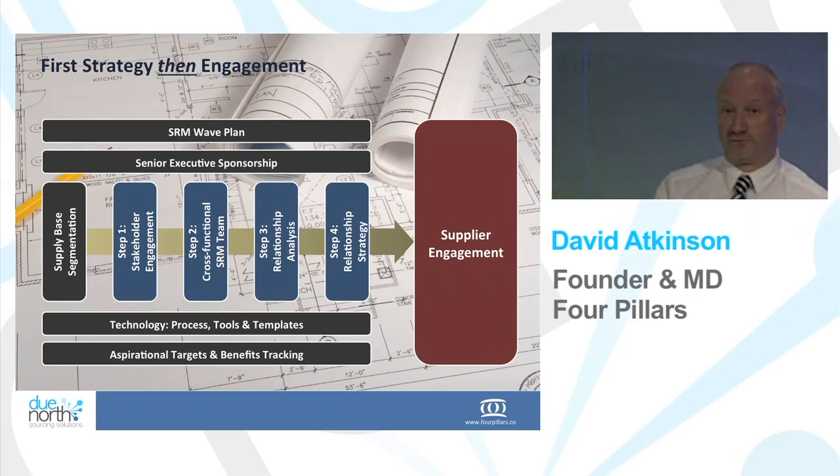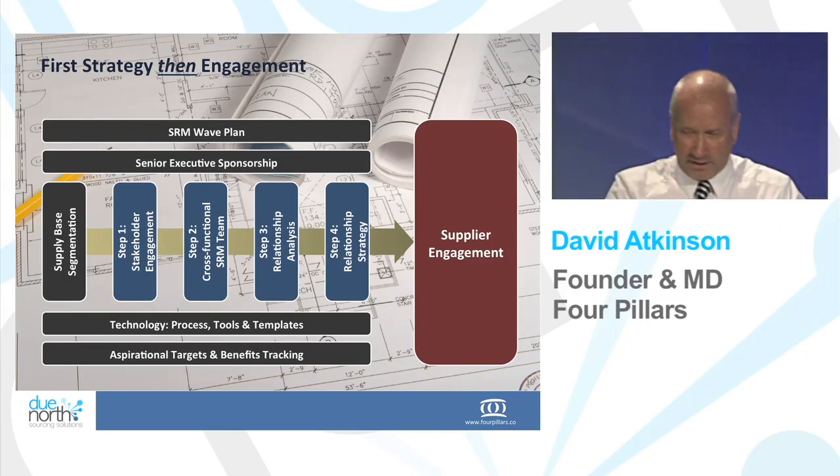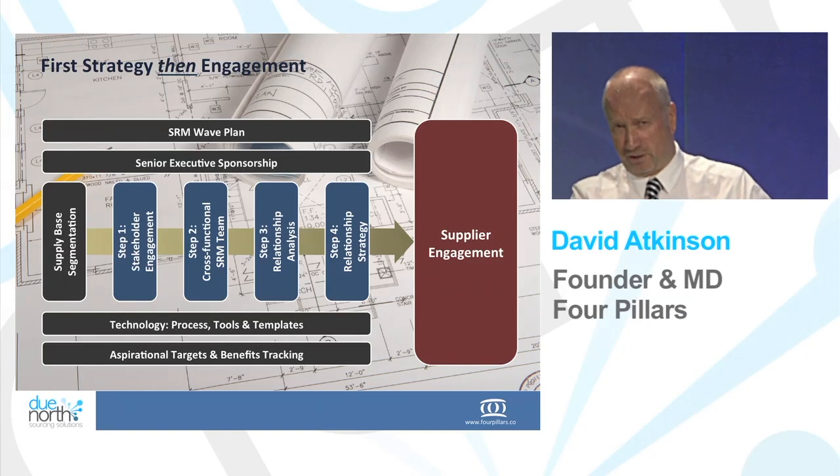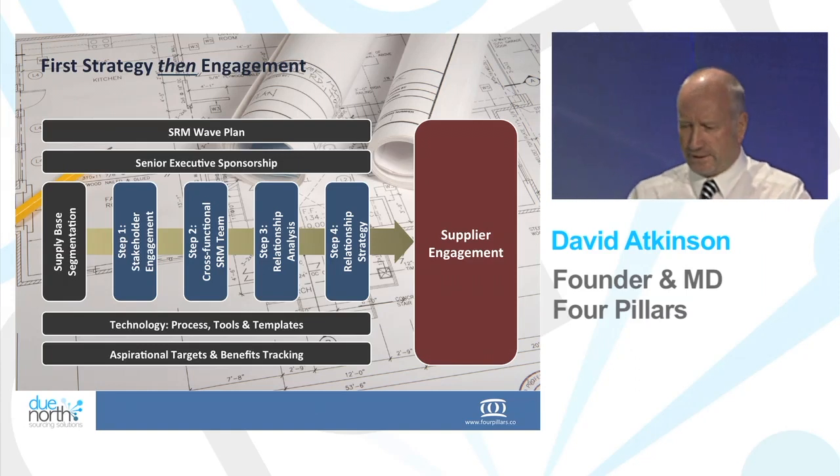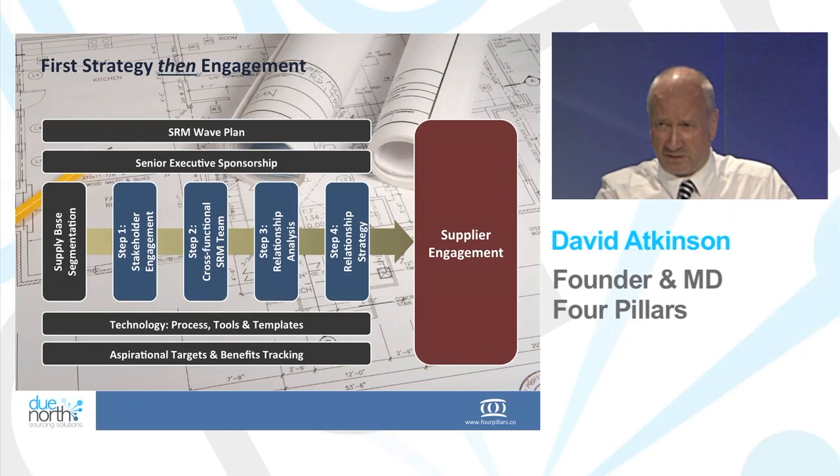Now, of course, we'd love to do supplier relationship management with every single supplier, but we can't, so most of us know that segmentation is a crucial part of the picture. So we have to have a segmentation process that allows us to identify the most important suppliers, including the ones that have got the biggest value creating potential. Like all change programs, and similar to category management, we need a wave plan.